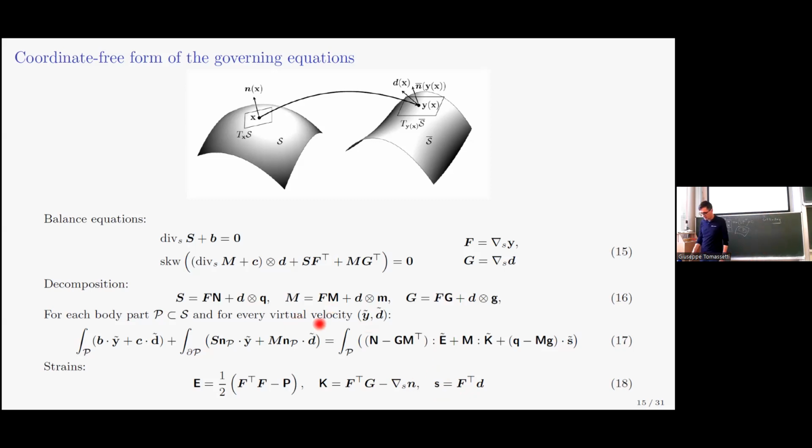This can be easily seen because if the vector D was orthogonal to the tangent space in the deformed configuration, then it would be orthogonal to the range of the tensor F, and therefore it would be annihilated by F transpose. So when this is 0, it means that D is perpendicular to the surface.